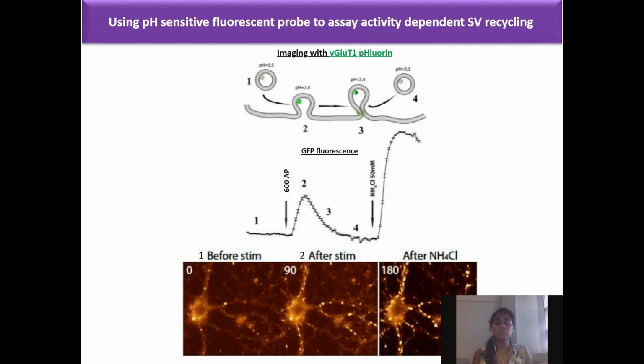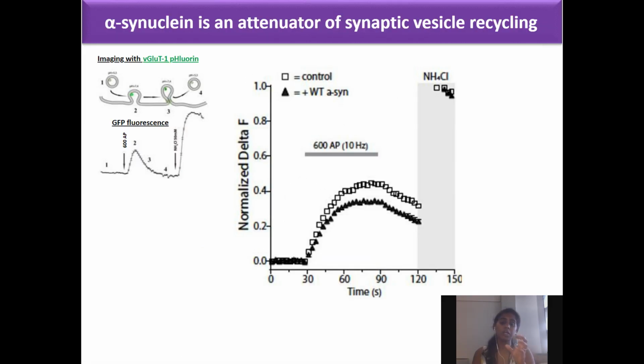We used this assay and transfected neurons with either the empty vector or wild-type alpha-synuclein. At 30 seconds we gave the 600 action potentials, and you can see the increase in fluorescence in both the empty vector and the wild type. But in neurons where wild-type alpha-synuclein is overexpressed, synaptic vesicle recycling is attenuated when compared to the control.